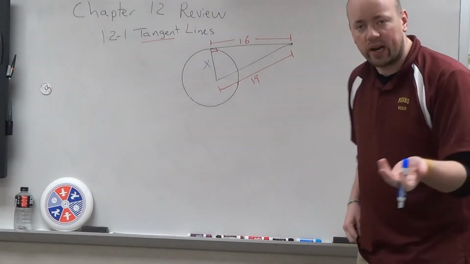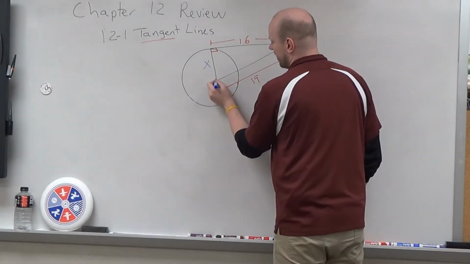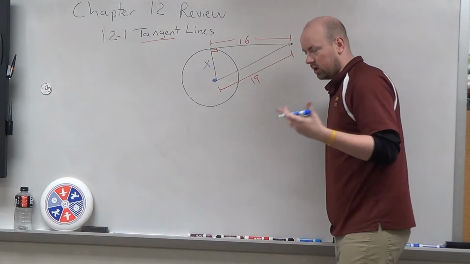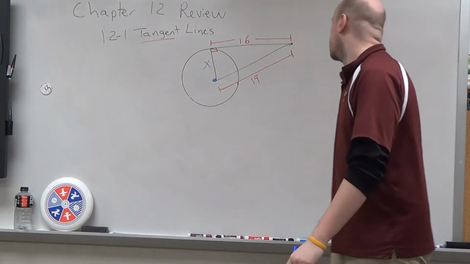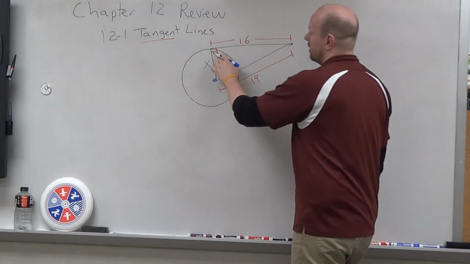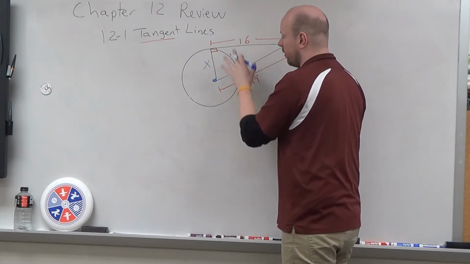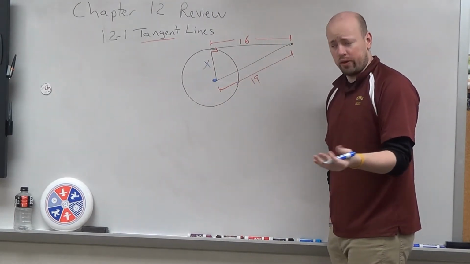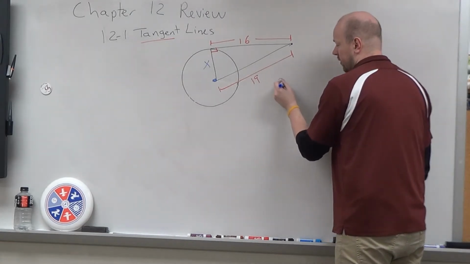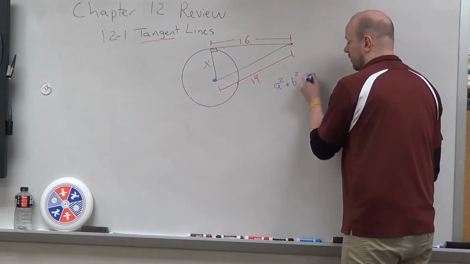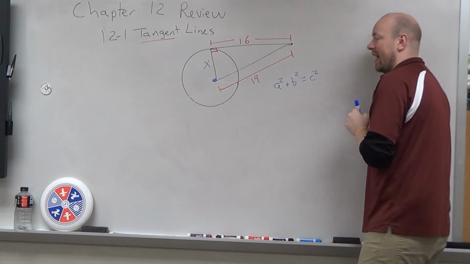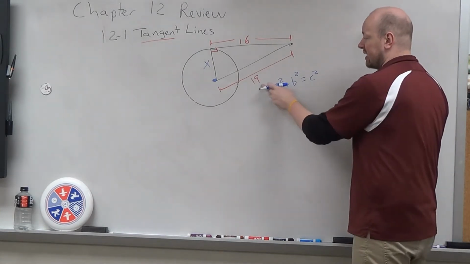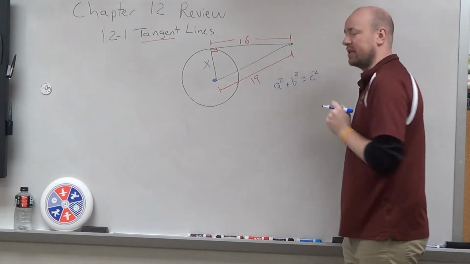Or I would be finding the radius, because again, this should be the center. I know it's off center, and we're just going to pretend. Tangent just means there's a right angle, and this whole thing's a triangle. So I can just use the Pythagorean theorem. A squared plus b squared equals c squared, where c has to be my hypotenuse. In this case, it's 19 because it's opposite the right angle.